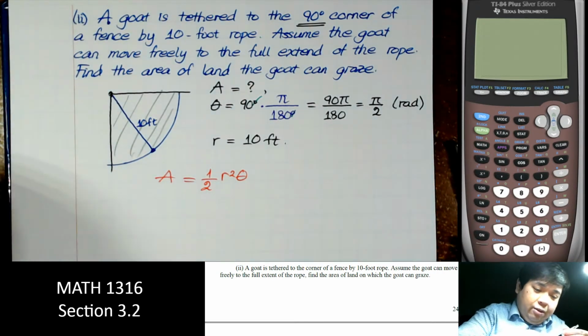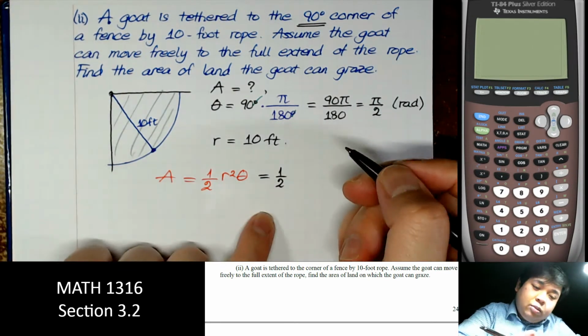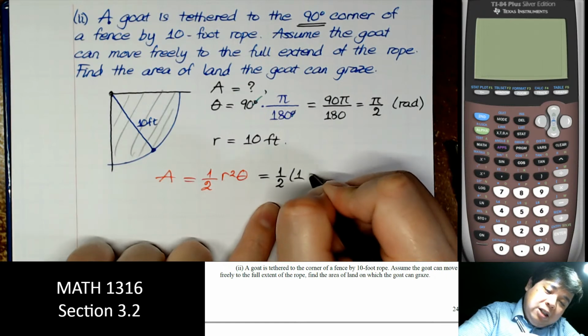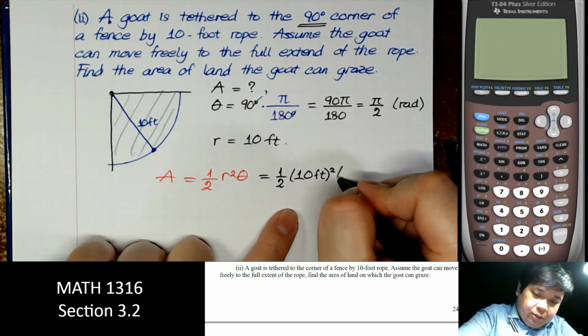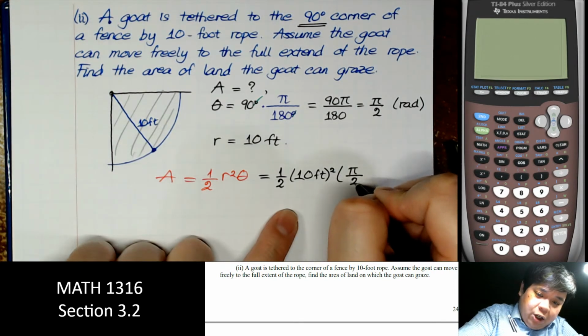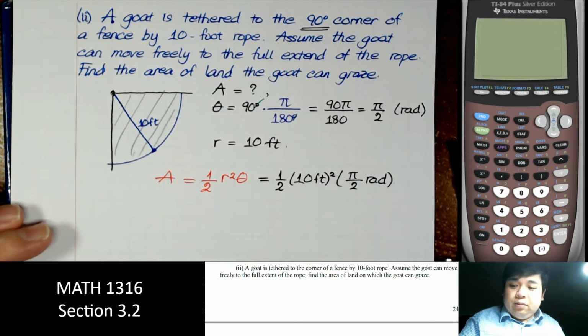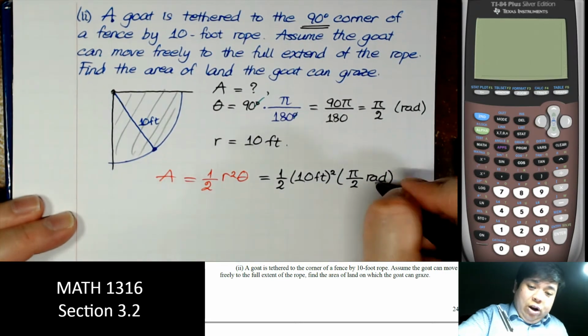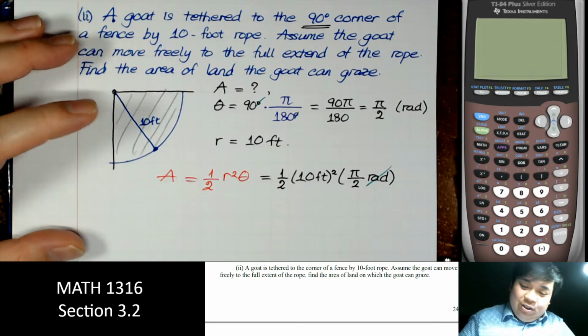So that's easy enough. 1/2 times the radius, 10 feet squared, times pi over 2 radian. Radian can cancel by itself.